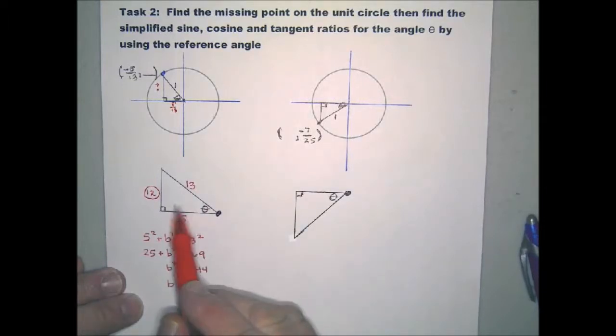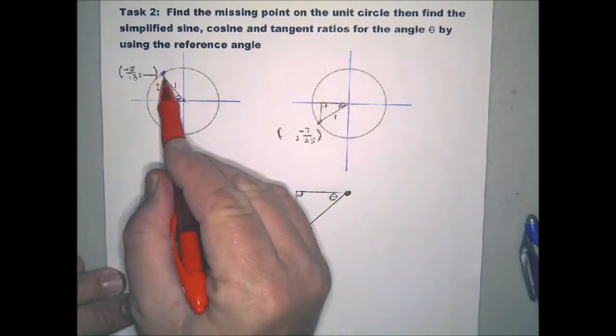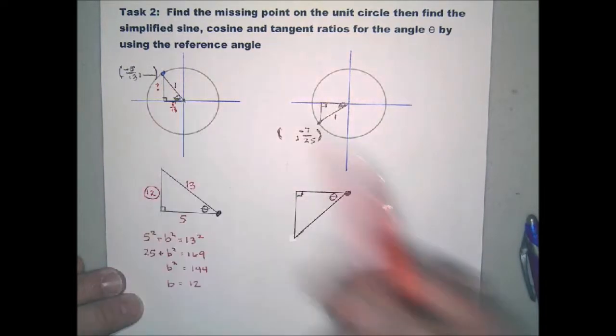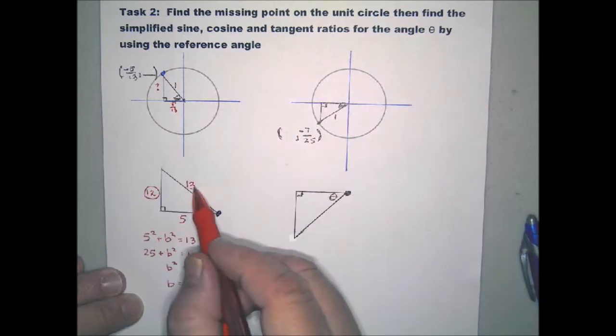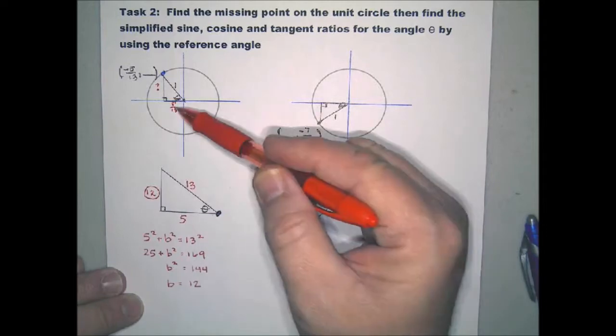So now we're going to take that triangle and place it back into the unit circle again. In order to put it back into the unit circle, my hypotenuse has to be 1, because that's the radius. And so I'm just going to divide everything back by 13 again. That just puts that back to 5/13.